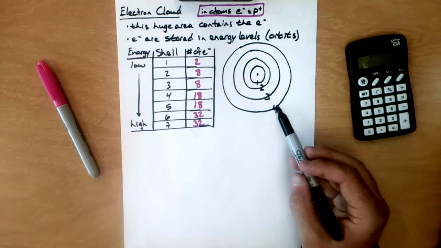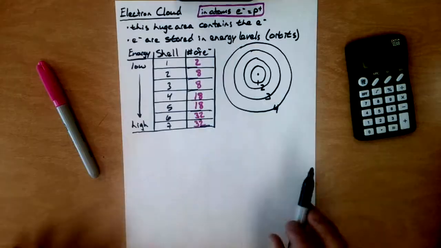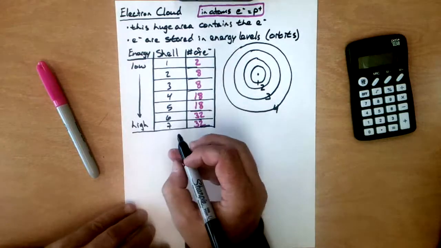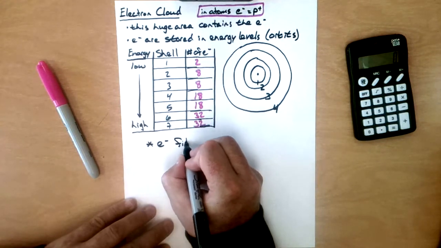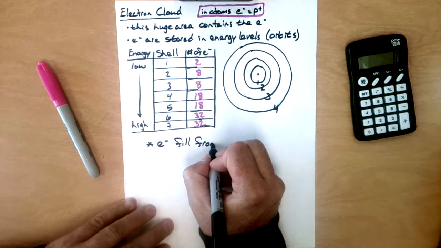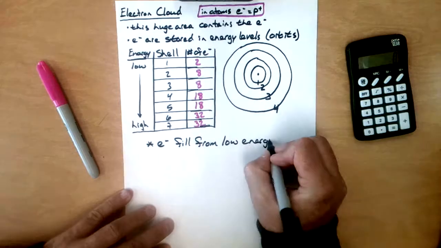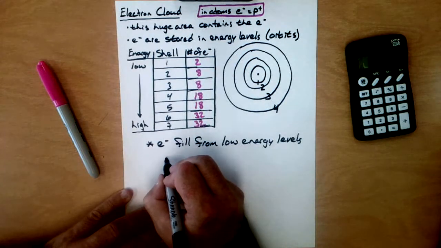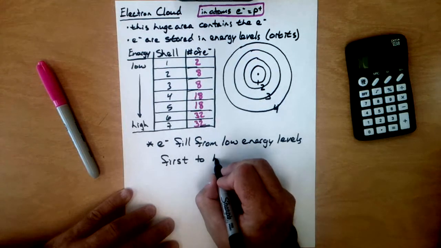And that's where 4, and then 5, and then 6. All right, so we're going to use this information. Well, let's put that down there first. Electrons fill from low energy levels first to high.